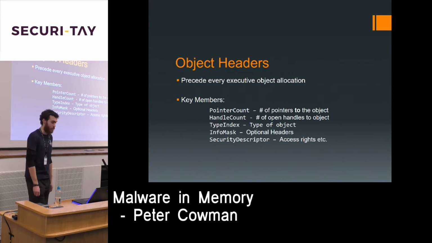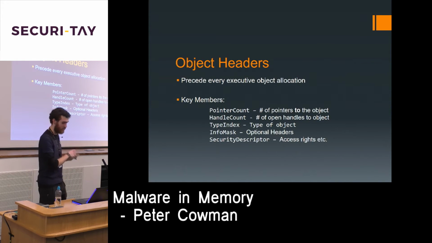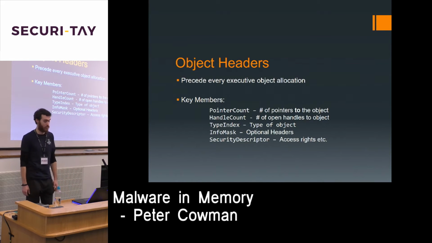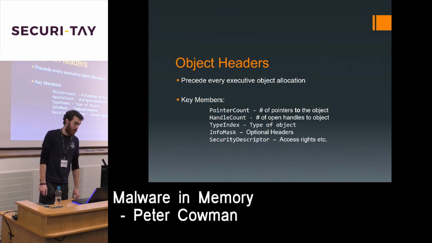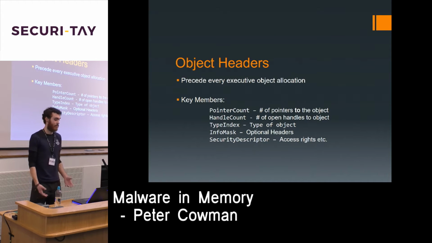Now I'll come back round to object headers, which in hindsight I should possibly have done a little bit earlier. These, as I say, precede every allocation. It's quite a large structure, but I've highlighted the key members, the ones that we can most use. Pointer count references how many times this is actually being referenced by anything on the machine.